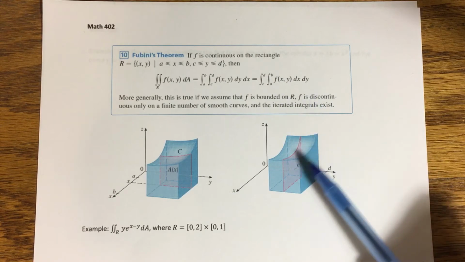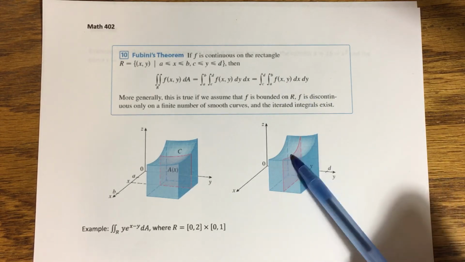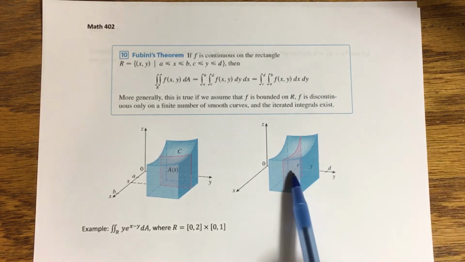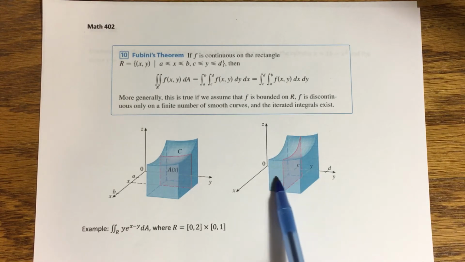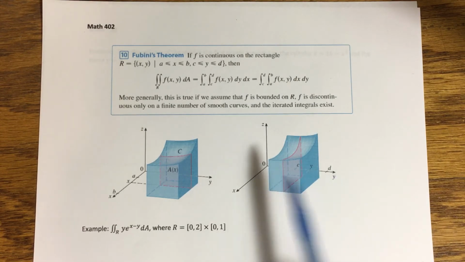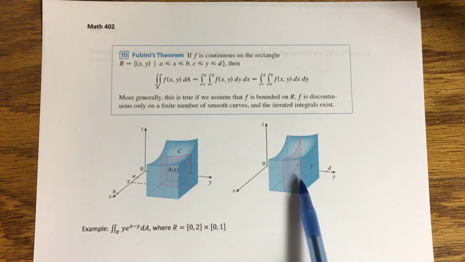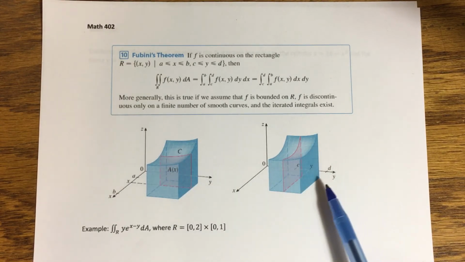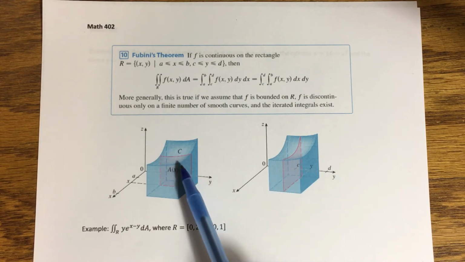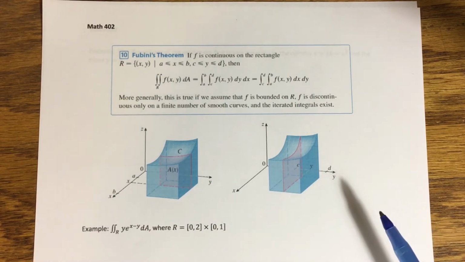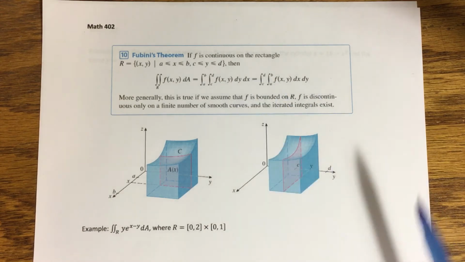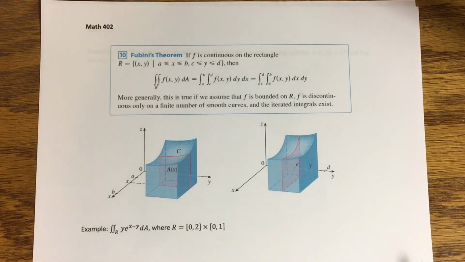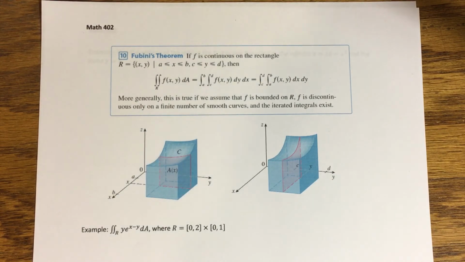This inner integral is going to represent the area of that cross section, and then integrating with respect to y is what moves that cross section along the interval CD, giving us a volume. So in either case, whether we integrate with respect to y first or with respect to x first, those cross sections are still creating the same solid, so we should get the same volume from them, which is why we get this equality here. That's not a formal proof, but it's enough for us to have an intuitive idea of why this works.